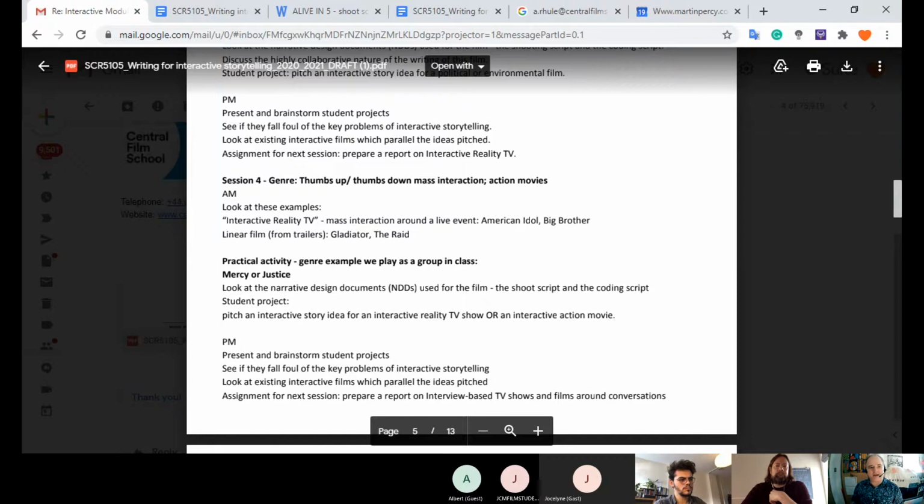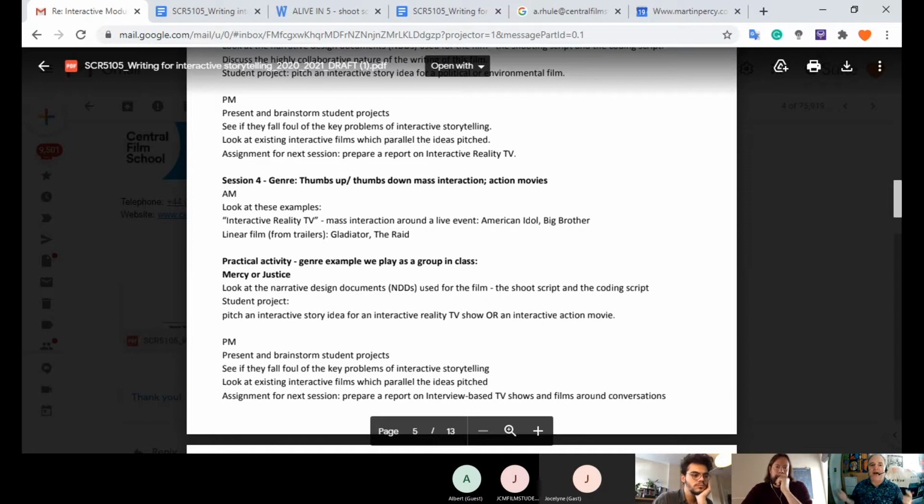Now, as we'll see, though, the reality TV industry and the TV industry generally hates the idea of interaction. All TV people hate the idea of interaction. Hence the term reality TV, which covers a whole range of completely different genres.